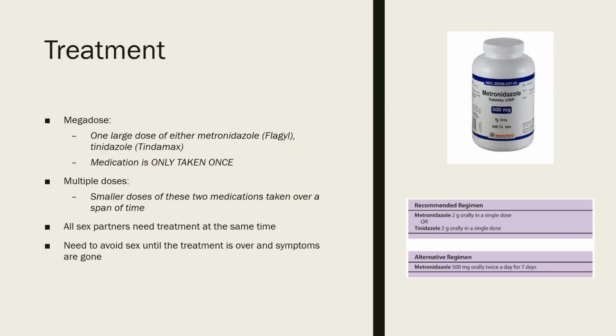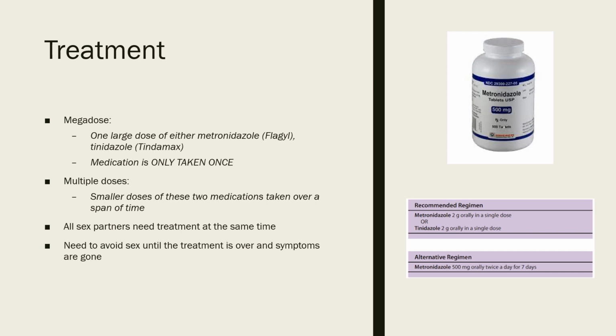So the treatment is usually metronidazole or tinidazole, which is one large dose of medication that's only taken once usually, or it can be taken in smaller doses over a span of time, like an antibiotic, usually around 7 to 10 days. And then all sex partners need treatment at the same time, just in case someone else is an asymptomatic case.